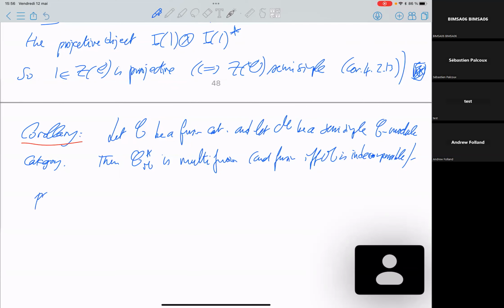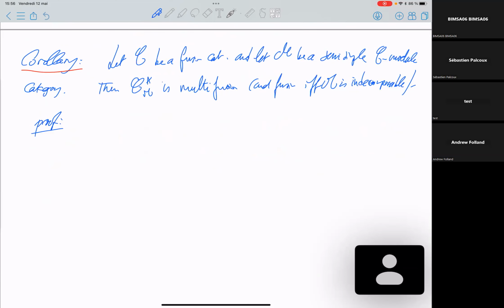So proof. We just need to consider the indecomposable case, just to prove that this is fusion. So you deduce the semi-simple case from the indecomposable case.